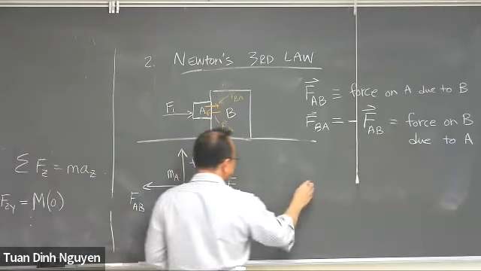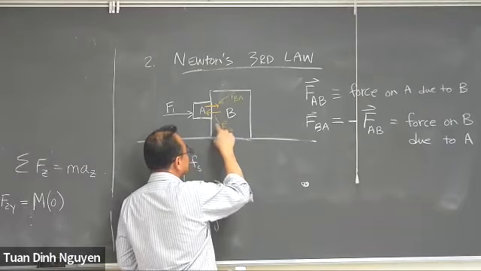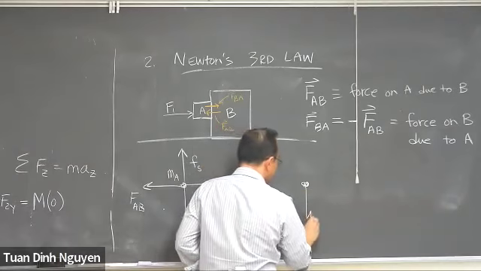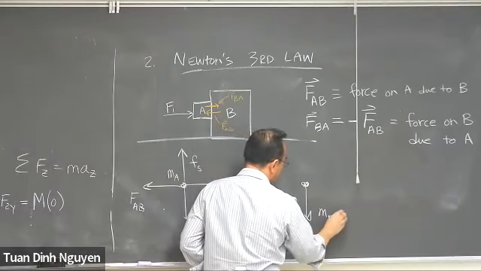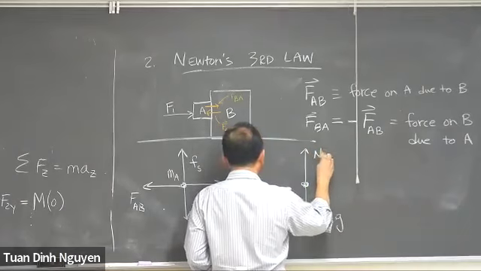For B, F1 is not touching it directly, so you can't put it in there. It does have its weight. It does have a normal force from the floor.